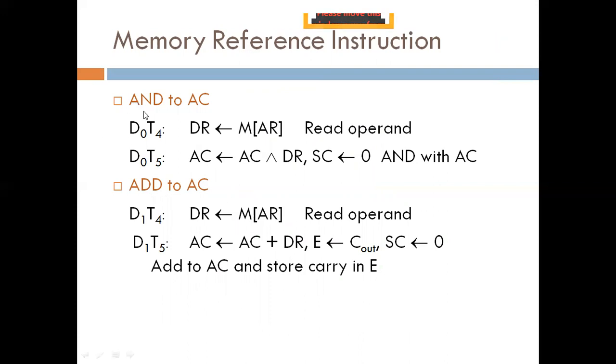First is the AND operation, AND to accumulator. For the AND operation, D0 is going to select.